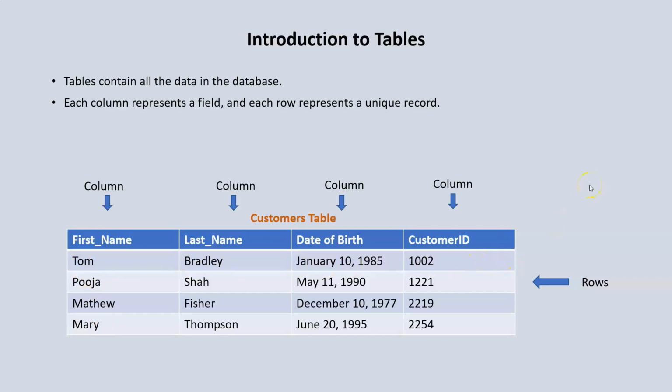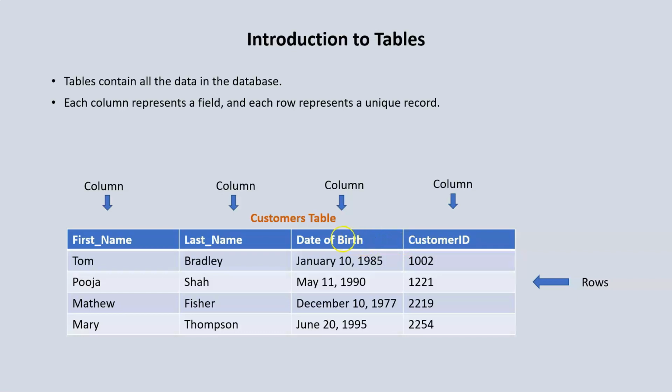Earlier on we talked about data types, and we can see how this table is structured with different data types. We have the string data types because this contains character values. So the first name and the last name contain character values, which makes them a string data type. If we look at the date of birth, this contains information about dates.